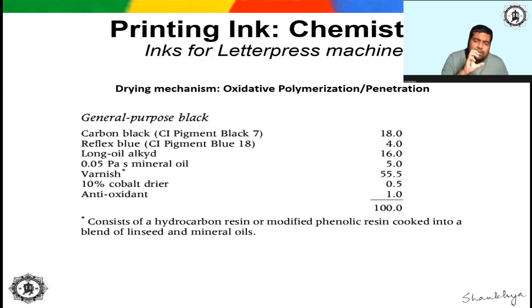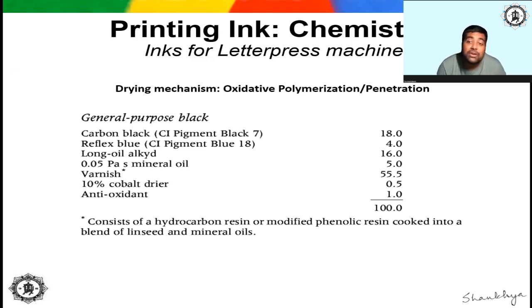Now, if this kind of alkyd resin is cooked in oil, but the quantity of oil is larger than the quantity of resin, that resulting varnish or that resulting vehicle, so vehicle and varnish I will use analogously. Whatever is varnish is vehicle. So don't get confused here. That resulting vehicle or resulting varnish is known as long oil resin. So here is what long oil alkyd is.